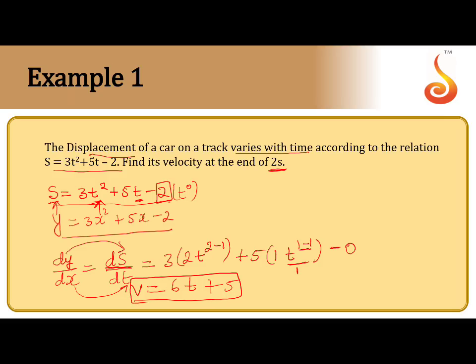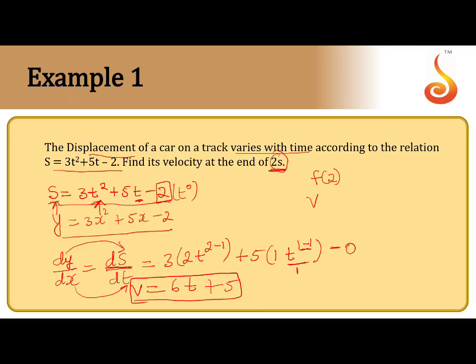This is the velocity of the body when the time equals t seconds. They have asked what the velocity is when the time equals 2 seconds. Now use the second step. If you remember, in one of the mathematical tables I had written f of 2. Wherever x was there, you were supposed to write 2.